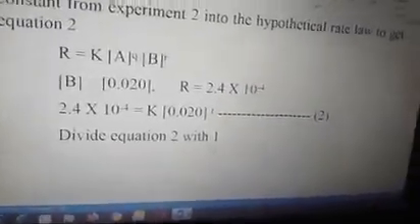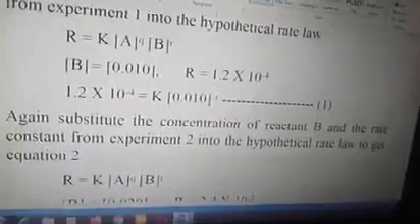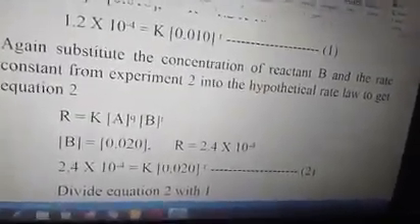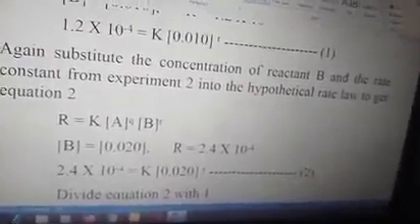We now divide equation 2 by equation 1. We divide 2.4 times 10 to the power minus 4 by 1.2 times 10 to the power minus 4, as you can see there.